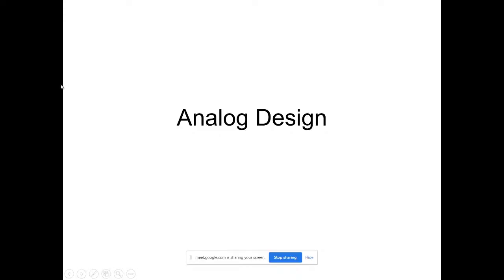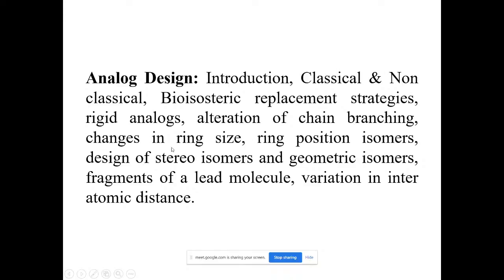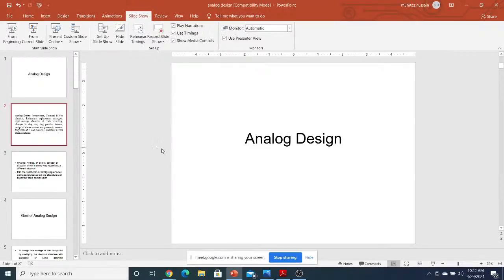Okay, so today we'll discuss analog design.